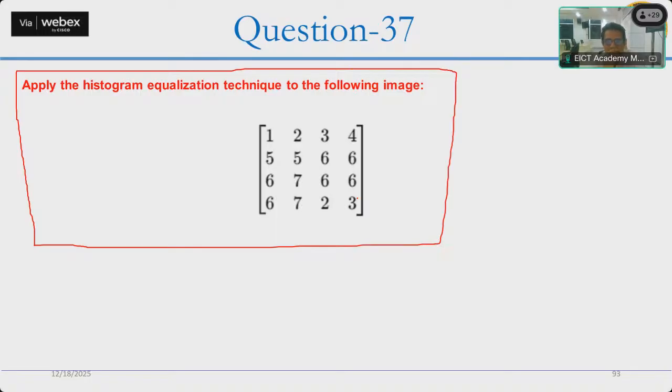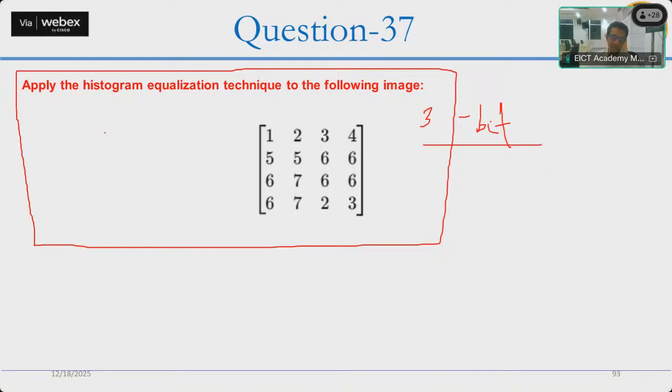Here, it is basically 3-bit, again your grayscale is 3-bit, 0 to 7, which is given. So what you have to do again?